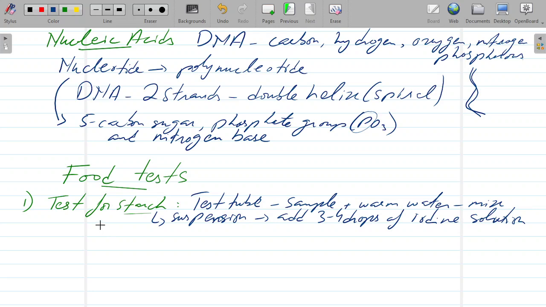If starch is present, you will get a blue-black coloration. And that's it.